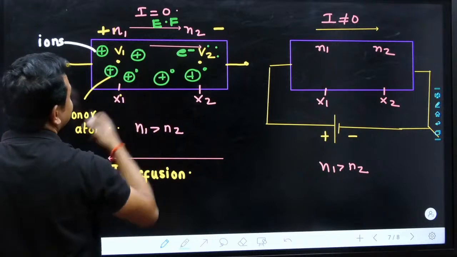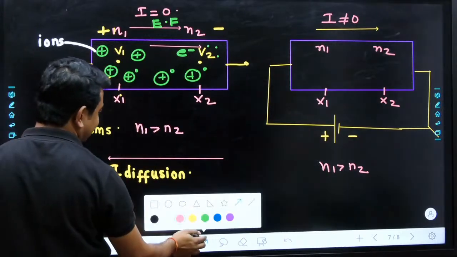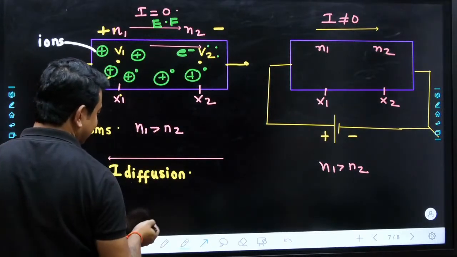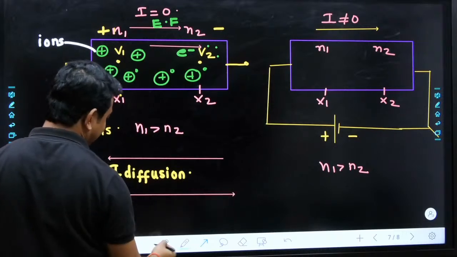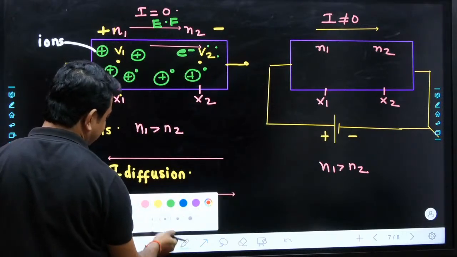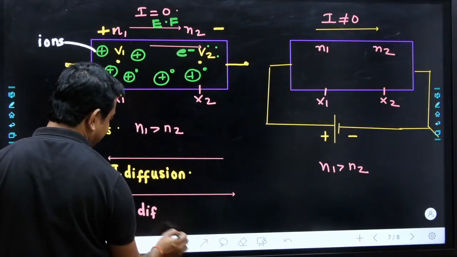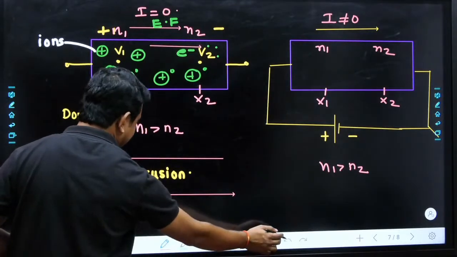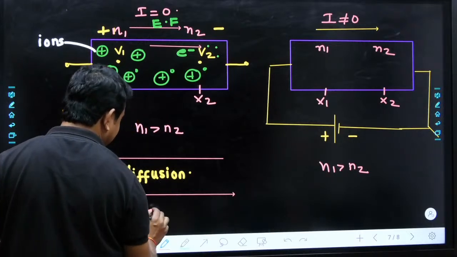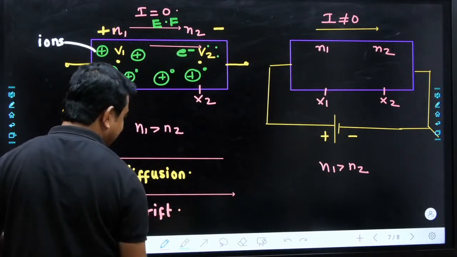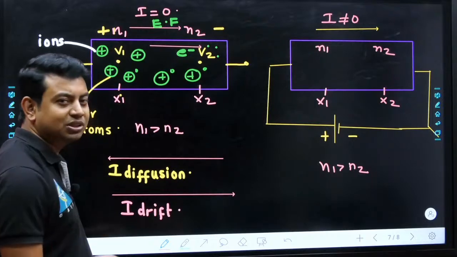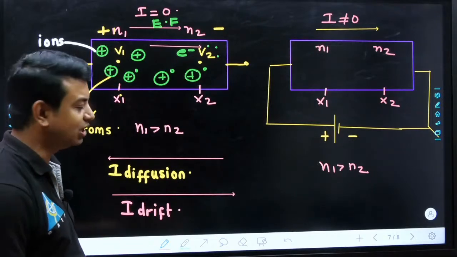Then, we are having the electric field in this direction. In the presence of the electric field, again the charge carriers move and we are having a drift current opposite to the direction of the diffusion current. So, we are having the drift in the opposite direction. Inside a semiconductor, the overall current is measured by the addition of diffusion and drift current.